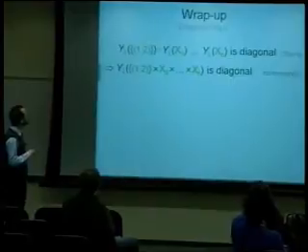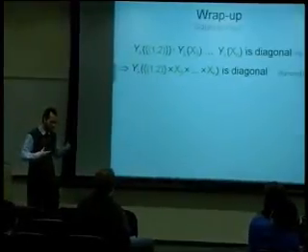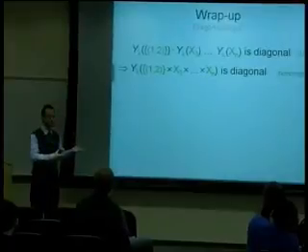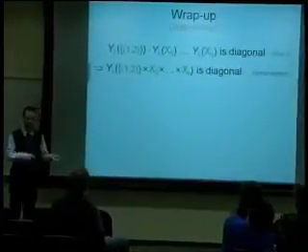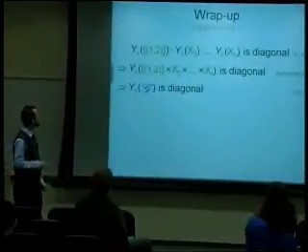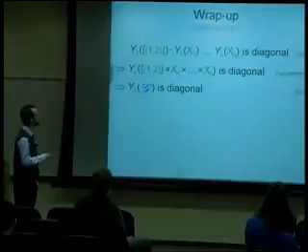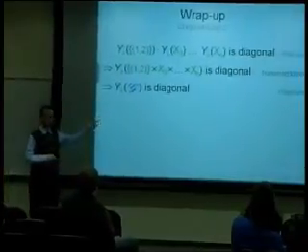Now this operator y is actually a homomorphism, so we can do the multiplication before applying y rather than after. And in the first step, I told you that G could be expressed as this product. So now we've got that y sub lambda of G is also diagonal.